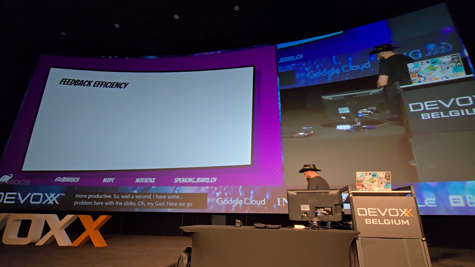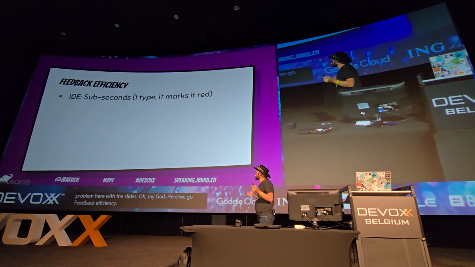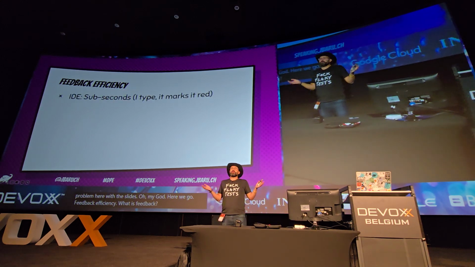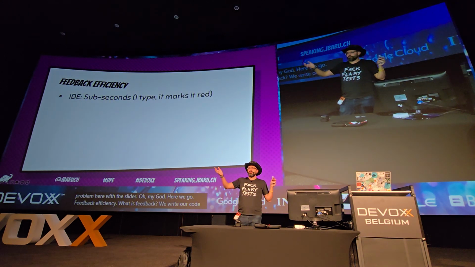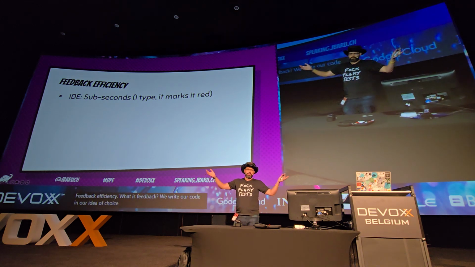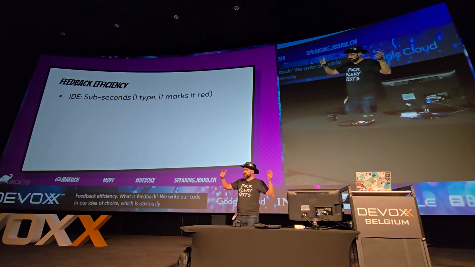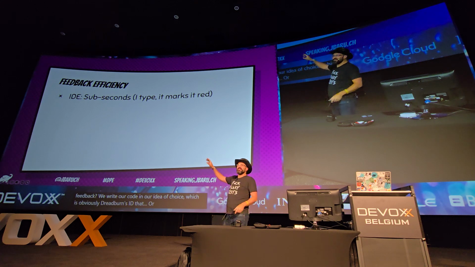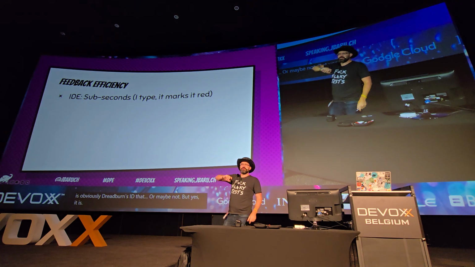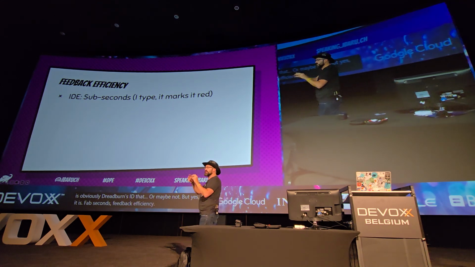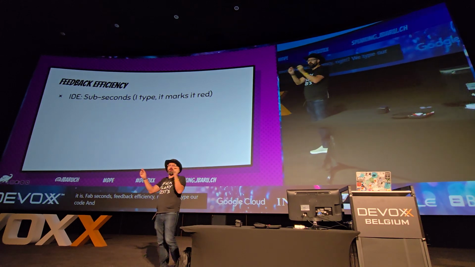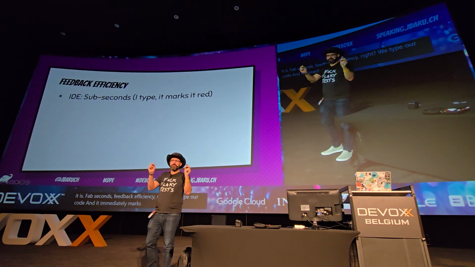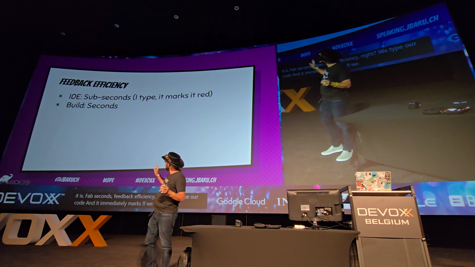Feedback efficiency. What is feedback? We write our code in our IDE of choice, which is obviously a JetBrains IDE, or maybe not, but yes, it is. Sub-second feedback efficiency, right? We type our code and it immediately marks if we typed something wrong. Build.